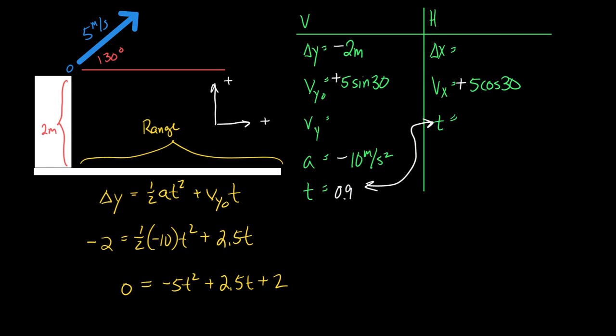So 0.93. Figure out my solution. Range equals Vx times t. This will be where it hits the ground. So 5 times cosine 30, plug that into your calculator, get 4.33 times 0.93.